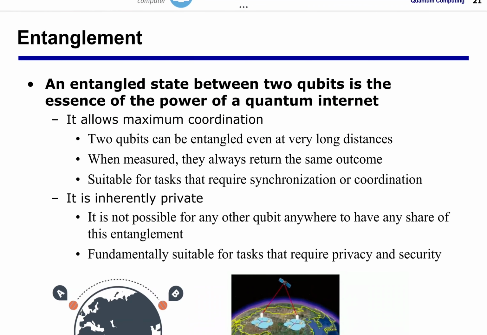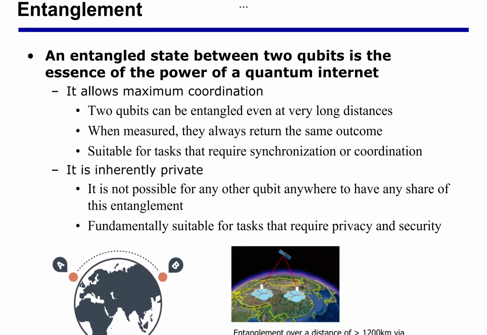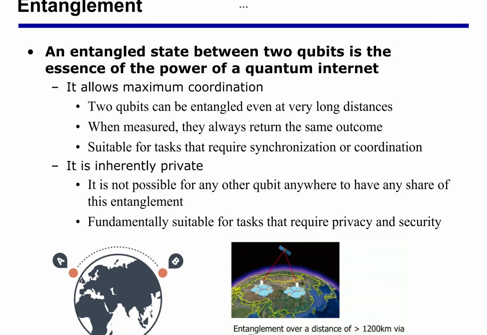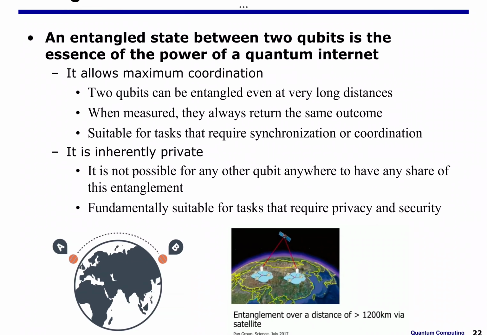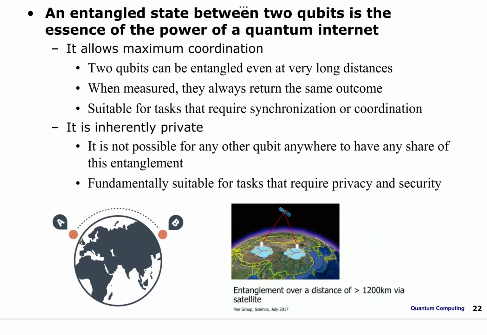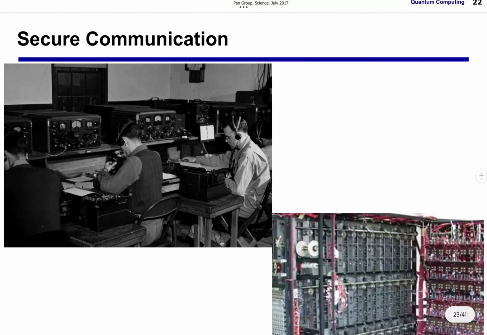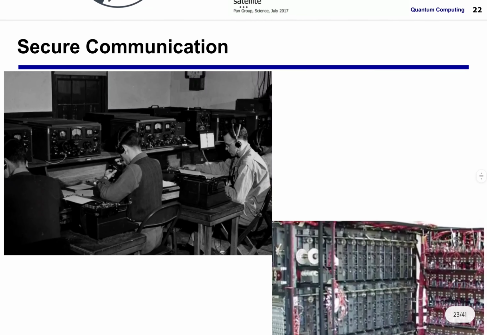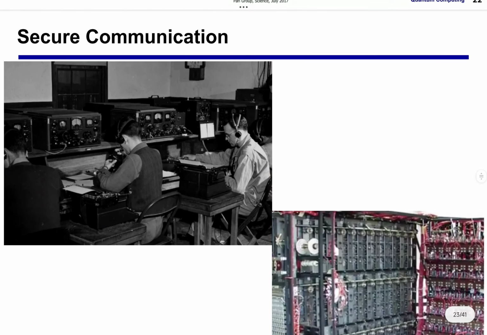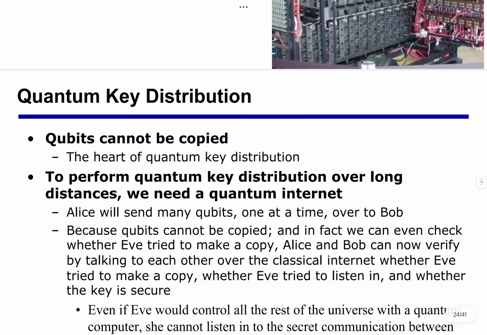from distance. Entanglement means the phenomenon, entanglement state, that two qubits, in the sense of the power of quantum internet, are inherently private. So I don't know well how to speed up all the... around 70 years ago.